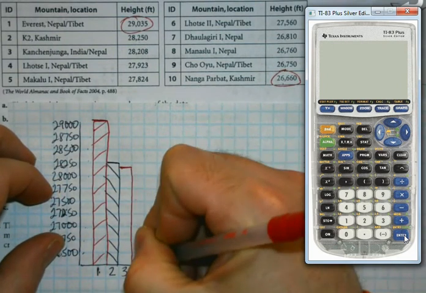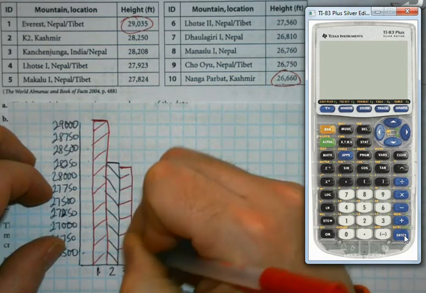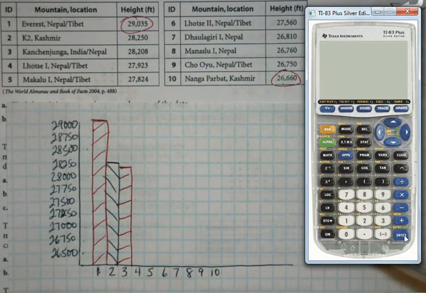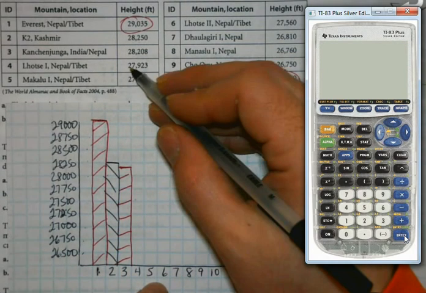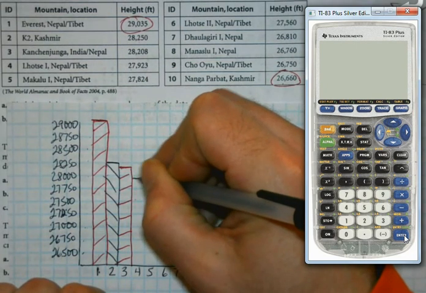So what I'm doing is I'm taking data that I'm looking at numerically and I'm making it more visual so I can get a visual picture of how much taller this mountain is compared to this one, or something like that. 27,923 is almost 28,000.